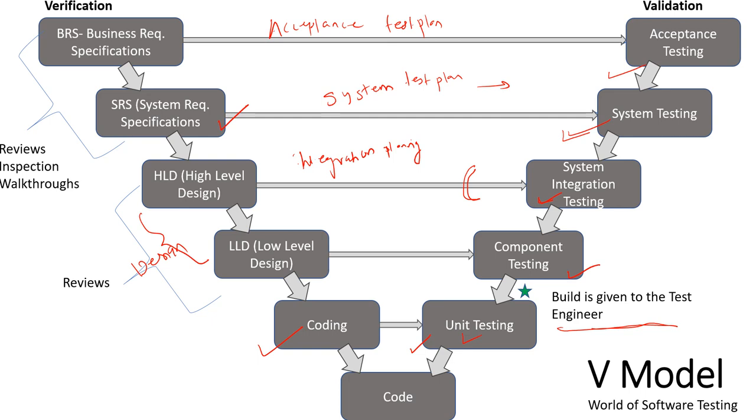The client will compare the demo of the actual application to the requirement and expectation mentioned in the BRS document. So as we know, the acceptance testing refers to this business requirement specification.